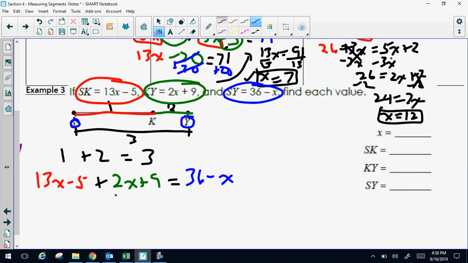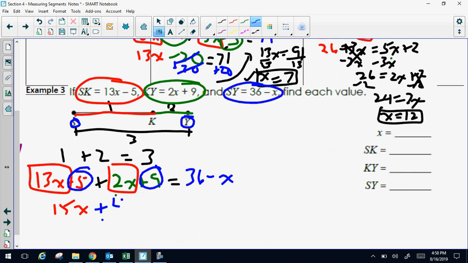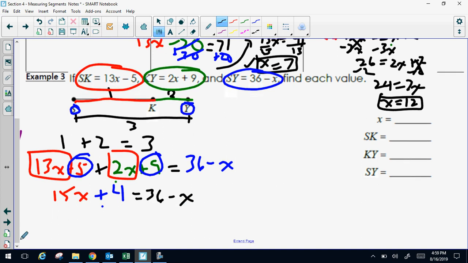Okay, so combine your like terms again. I'm going to combine my 13x with my 2x, so we get 15x. I'm going to combine my negative 5 and my 9, which gives me positive 4. It's going to equal 36 minus x. Okay, we're going to add this x over.